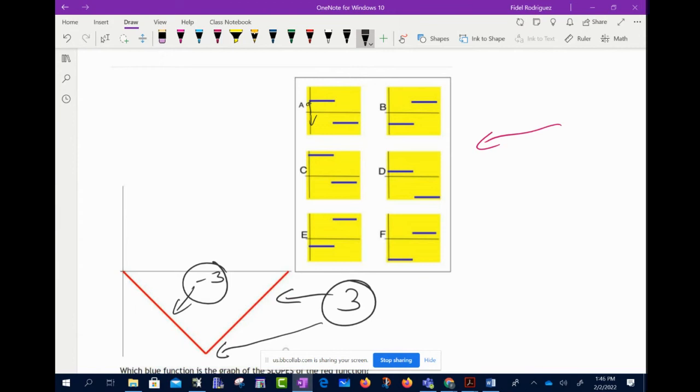Between A, B, C, D, and E, which one represents the same absolute value, same distance, but first negative, then positive? So first negative, and then positive, and the distance between here and here has to be the same, right? It's just an abstract way to represent it, that's right.